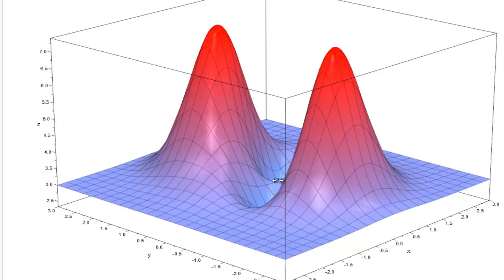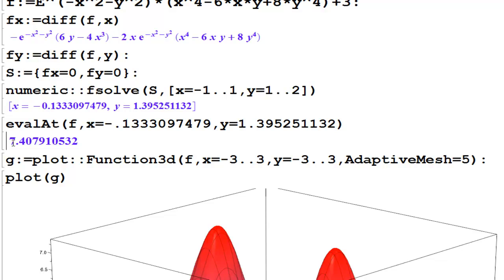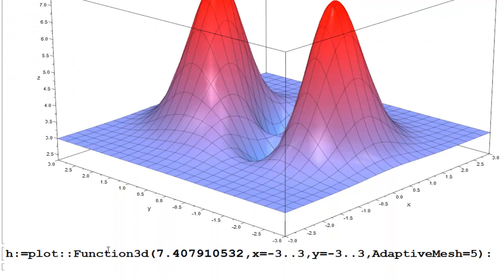So let's just make sure that the value that we got for the max is a good approximation. Remember, this is the approximation that we had seen for the functional value at this point. So I am going to ask it to plot the plane z equals this value on top of this. I have defined h as this plot in the same window with the same adaptive mesh.